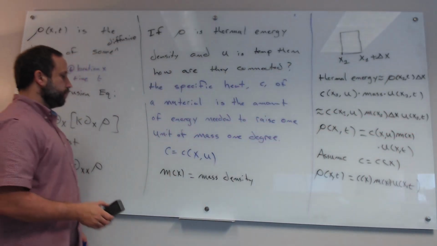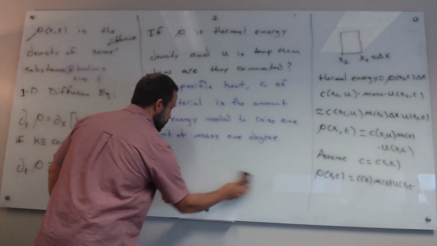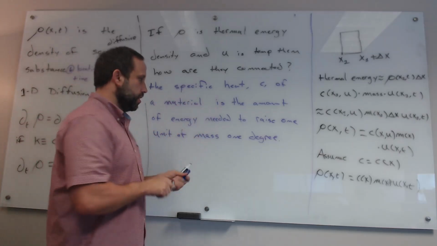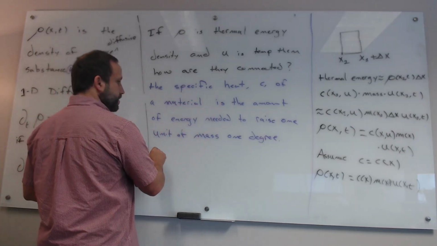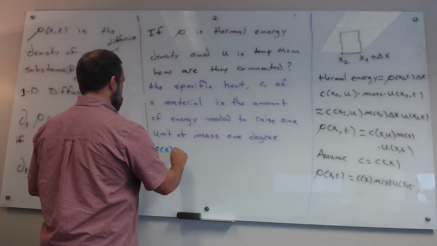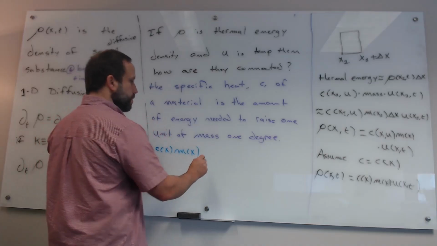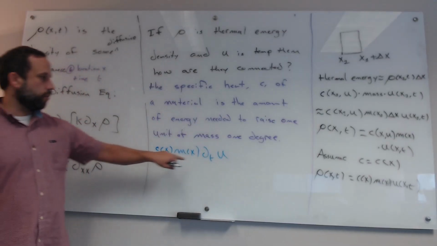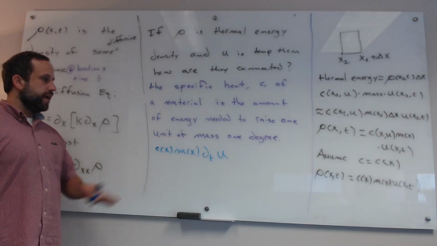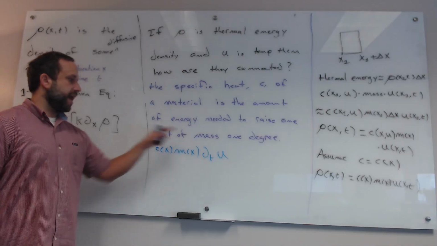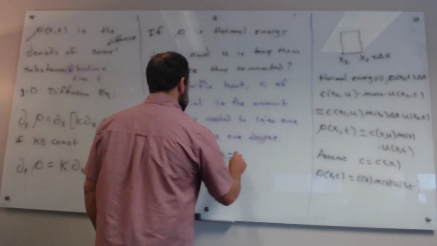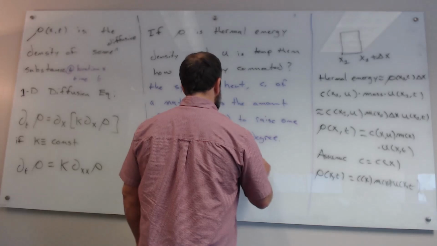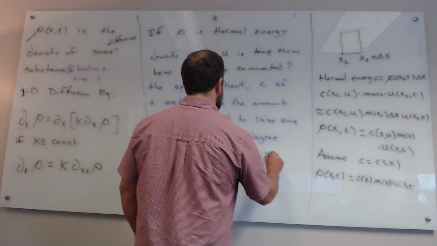Okay, then if we put this in that conservation equation, we're going to get c of x times m of x times the t derivative of u. These don't depend on t, otherwise I'd have to have the t derivative out here. If, for example, I included the u here, I'd have to have the t derivative out. This is still going to equal minus the x derivative of the flux.